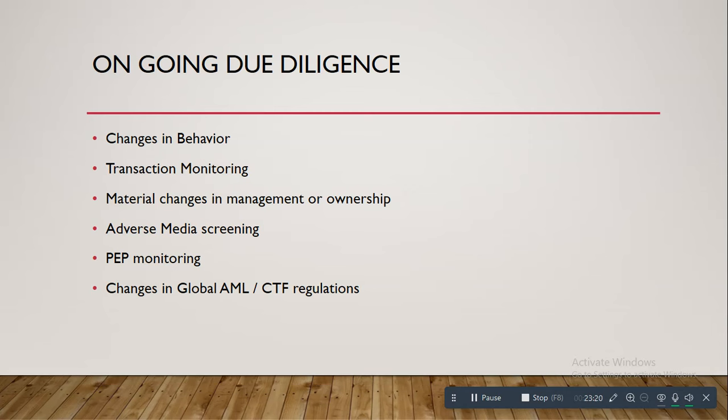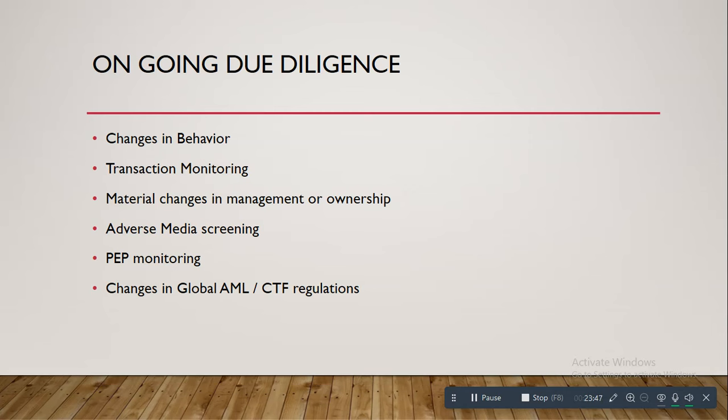Then again, adverse media screening, if there is any negative news going on, then PEP monitoring, which is continuously done, like whether any PEP is involved or not. Then changes in global AML CTF rules are also monitored. Let's say a jurisdiction was safe today and tomorrow, for some reason, the international body has marked it as a no business zone, high risk zone or a sanctions zone.